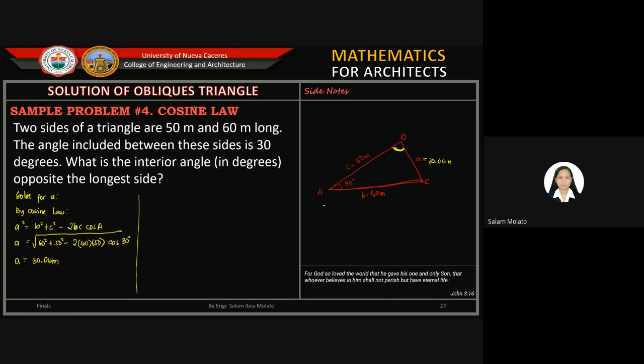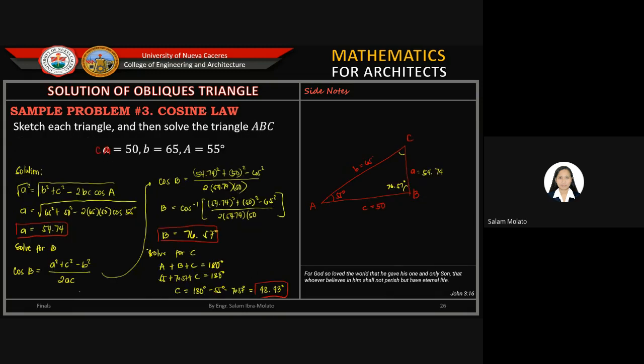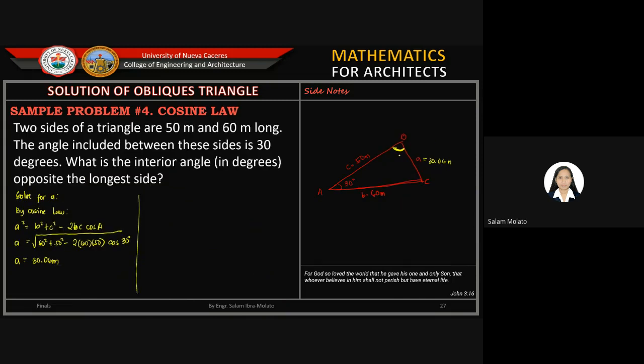If you're going to use cosine law, you just need to use the formula that we derived kanina, itong si cosine B, so that we can compute for B, no? But let me use sine law for this combination. So by sine law, mas madali kasi yung sine law kapag ganito na, no?